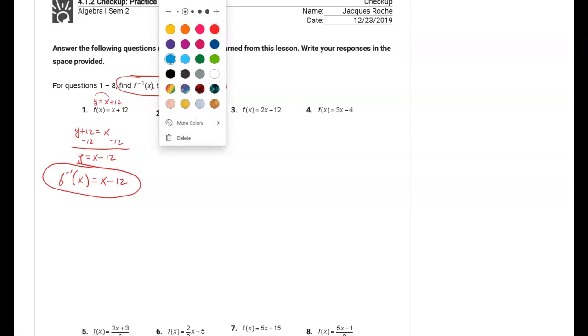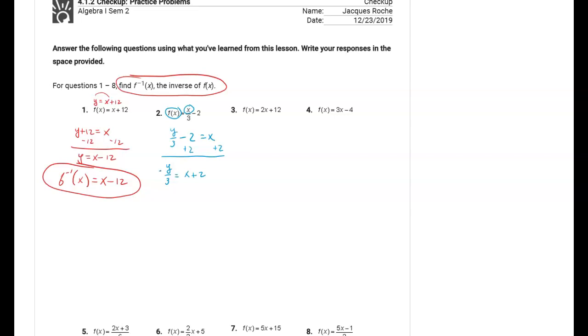The next example, and again, I would probably try some of these on your own and then come back and check your answers. In this case, x is going to become y. So y over 3 minus 2 equals f of x, which now becomes my x. The first step in solving for y is to add 2 to both sides: y over 3 equals x plus 2.